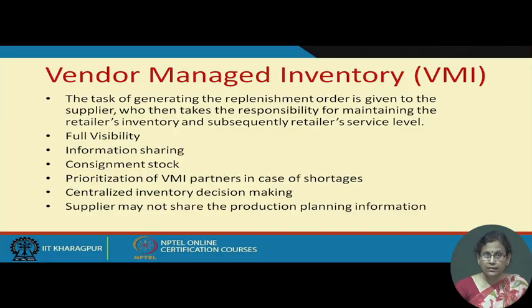Because of this visibility of the stock position of the manufacturer and the demand being sensed at his end, the supplier takes care of replenishing the item from his side. So, this is called vendor managed inventory system.